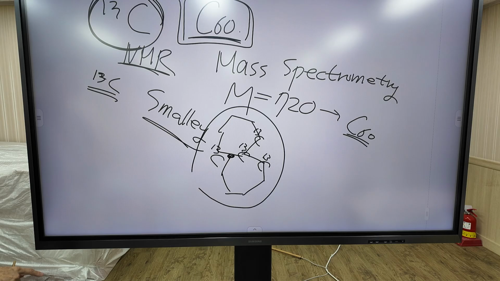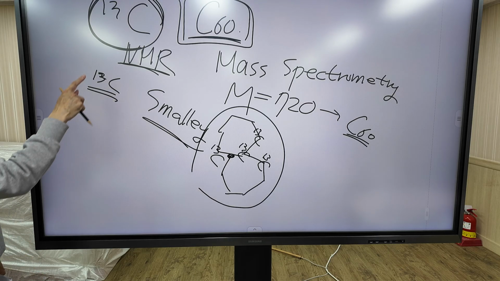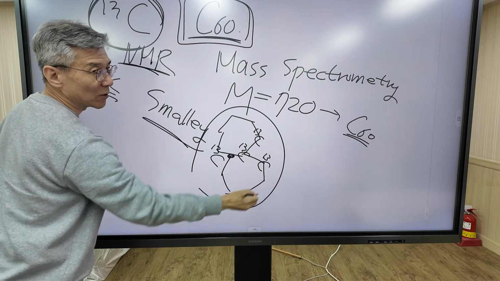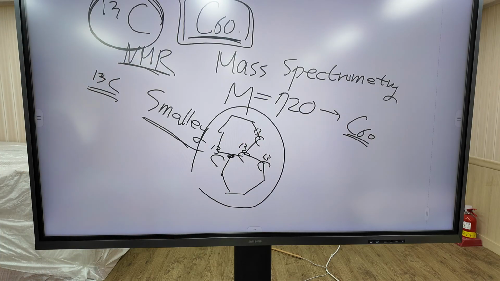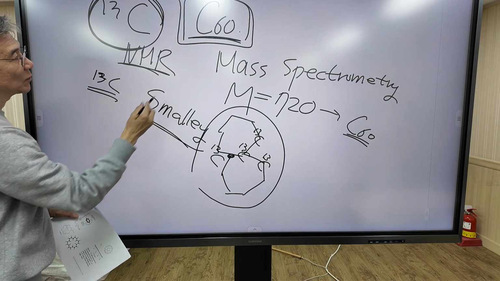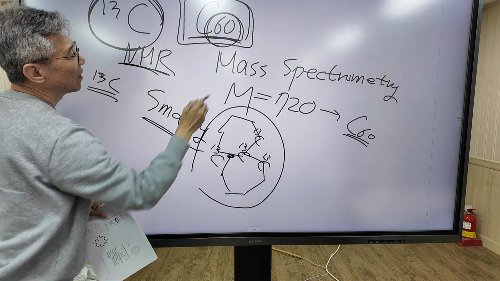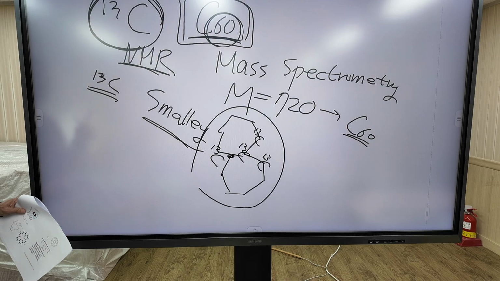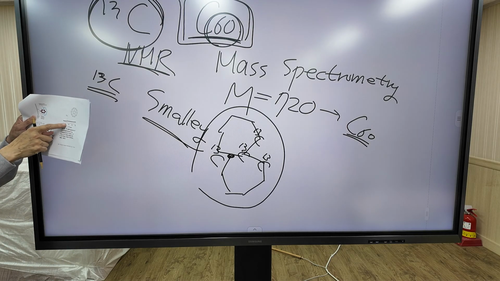How many peaks would you expect when the carbon 60 structure is like a soccer ball? Only one peak, because even though carbon 60 is composed of 60 carbon atoms, all the carbons are in an identical environment. So only one peak is shown, as shown in the spectrum.